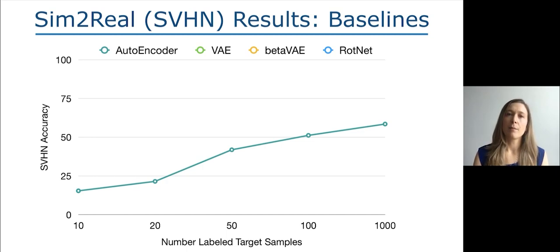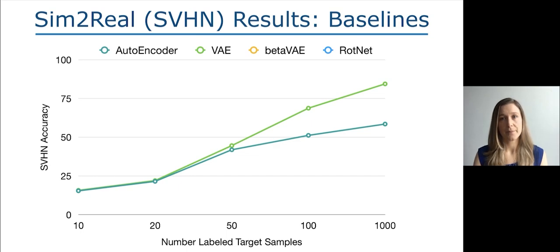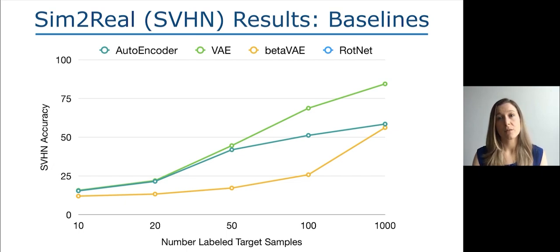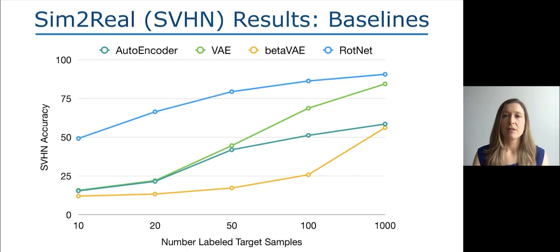Another model that has been proposed for learning reusable representations is VAE, and that one does a little bit better in this sim to real transfer scenario. Now, surprisingly, beta VAE does a little bit worse, and this was true across multiple different settings of hyperparameters in beta VAE. Now, finally, RotNet does the best out of these 4 baseline models.